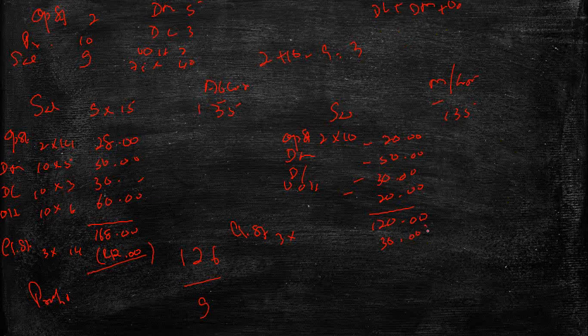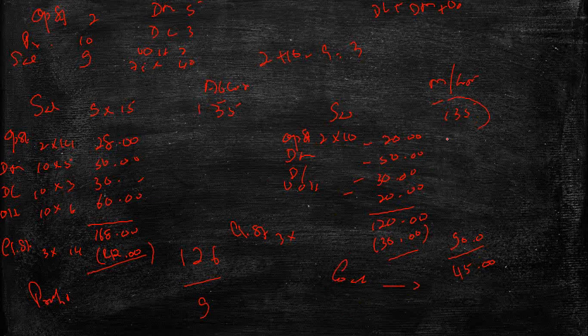So your total marginal cost will be 120 minus 30, it will be 90. So 135 is your sales, marginal cost is 90. You have a contribution of 45.